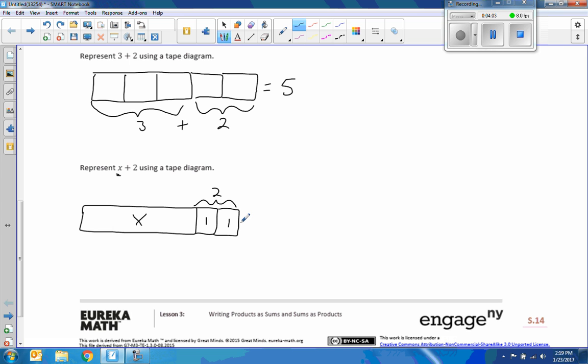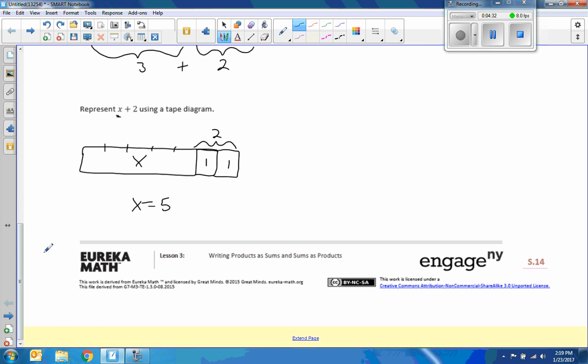Note the size of the units that represent 2 in the expression x plus 2. Using the size of these units can predict the value x represents. So in this example that I drew, you could estimate this. Since this distance is 1, there might be a 1 there, and there, and there, and there. And it looks like x is approximately 5, maybe. That's just an estimation.